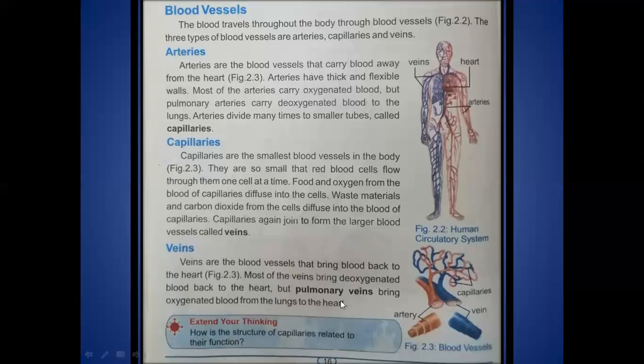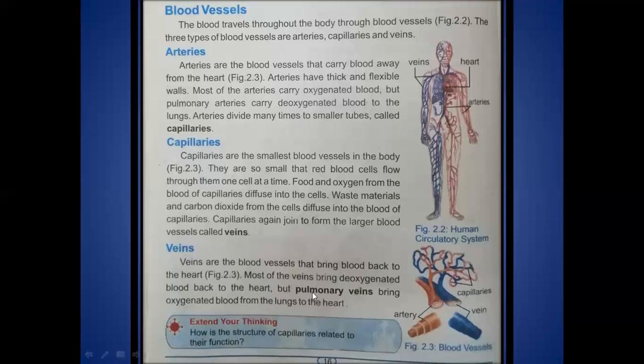that is pulmonary vein. Pulmonary artery in case of arteries, and pulmonary vein in case of veins, they are doing opposite work. Normally all the arteries carry oxygenated blood, but only pulmonary artery carries deoxygenated blood.